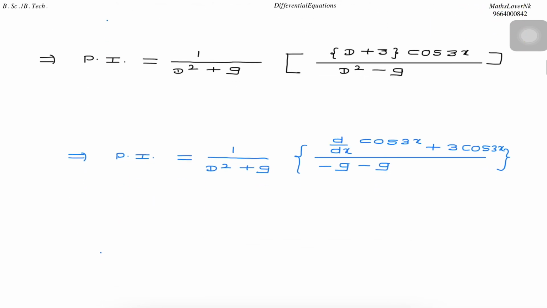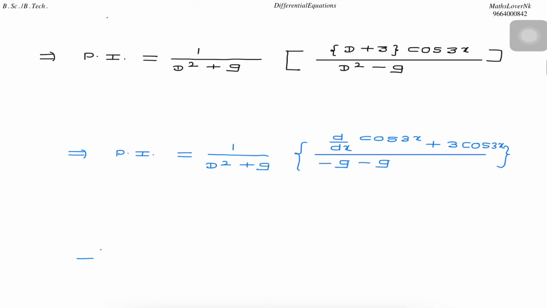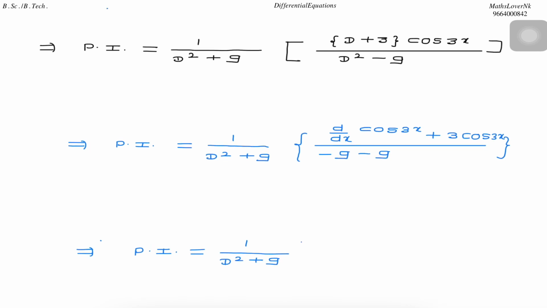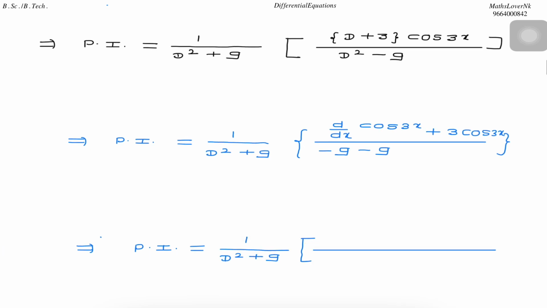Now we solve it. Then we get PI is equal to 1 upon d square plus 9 as it is, times minus 1 upon 18.